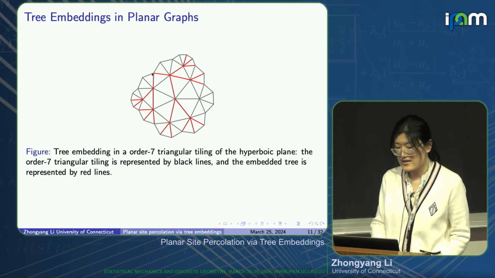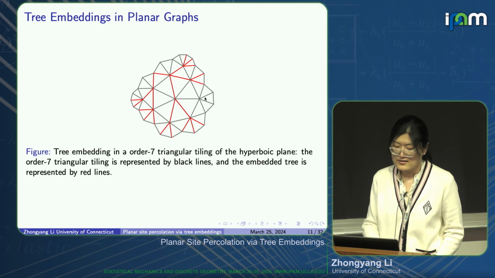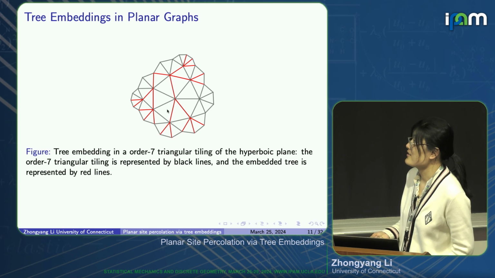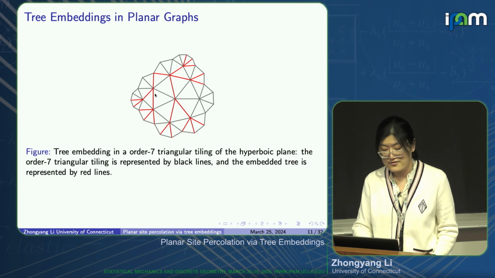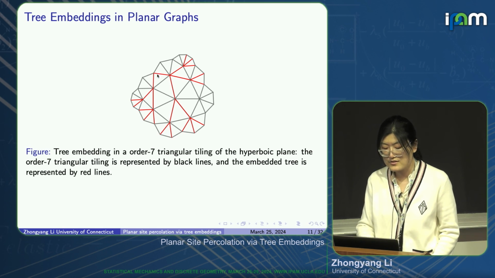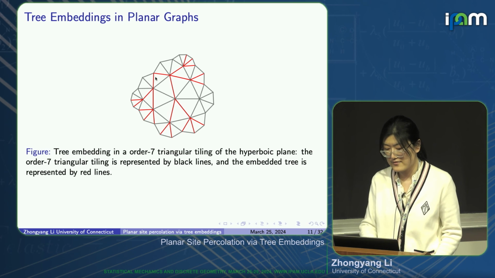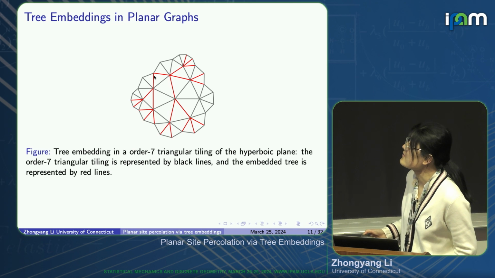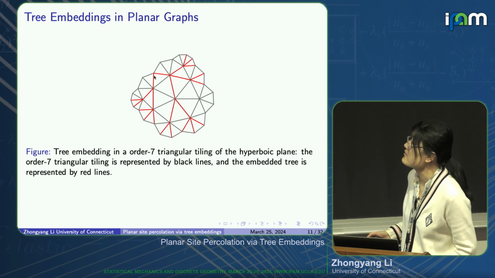Then we consider an embedded tree, which is represented by the right graph, and the gray graph is the 7-regular hyperbolic triangulation. For this tree, the root vertex has degree 2, and all the other vertices have degree 3 or 4.